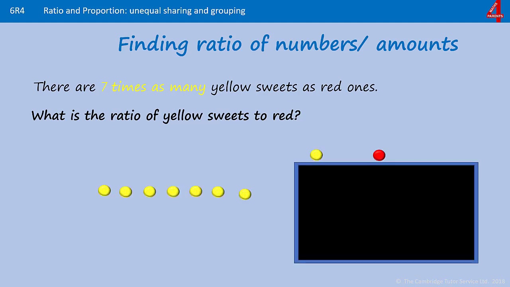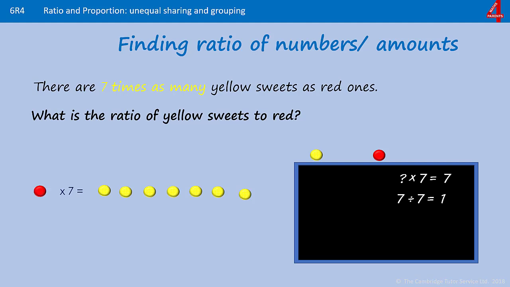If we have 7 yellow sweets, how many red ones will we have? We had to multiply something by 7. If we have 7 times as many as something else, that something else has been multiplied by 7 to get 7. Something multiplied by 7 is 7. Well, if we divide 7 by 7, we get 1. So 1 multiplied by 7 is 7.